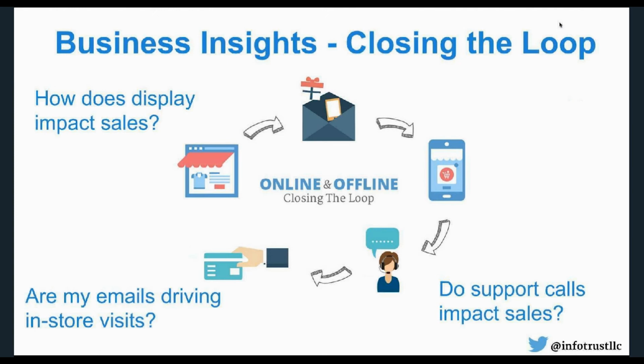A person might be on Google doing a search, then coming to the website, learning about the product, maybe signing up for email updates, getting an email, opening that email on a mobile device, then deciding that they have a question, or maybe they want to consult support, making that phone call, and then after they had a satisfactory experience, going to the store and completing the purchase. And that's just one out of millions of different consumer journeys that are taking place on a daily basis.